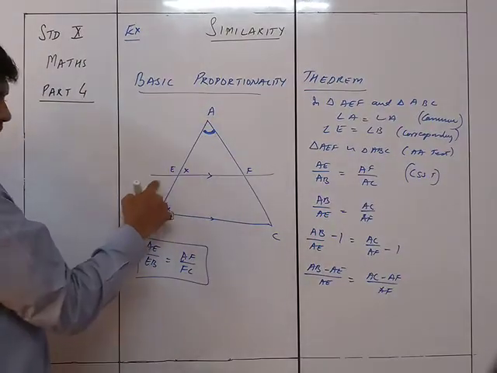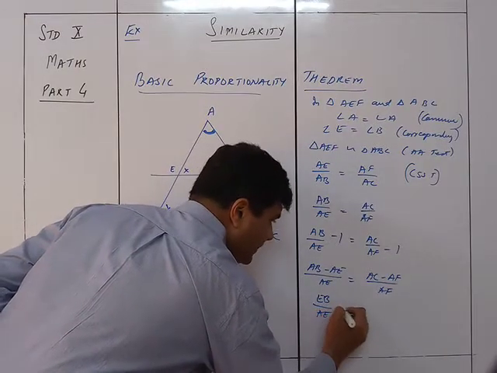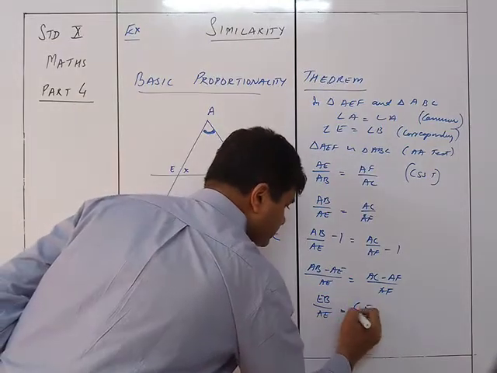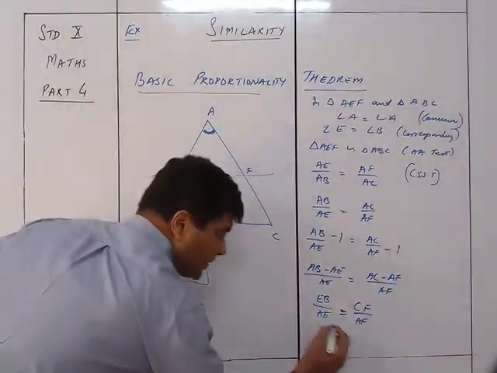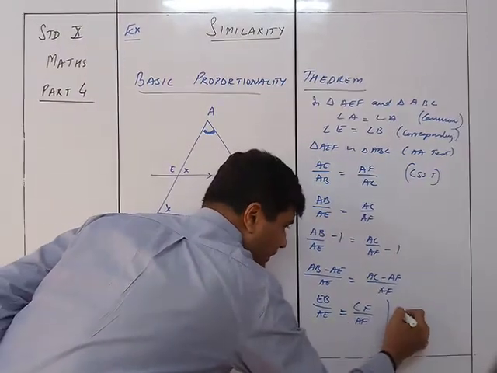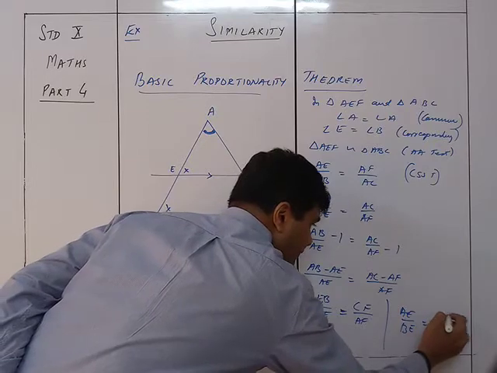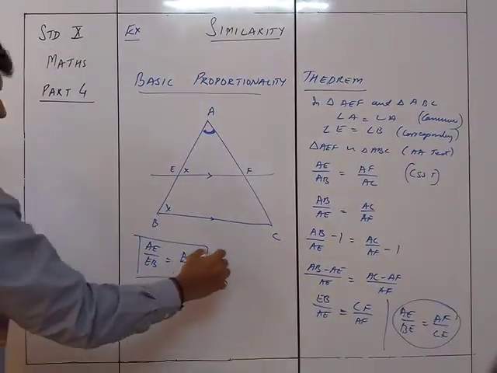It is equal to EB. So it will be EB upon AE equal to CF upon AF. So that is the theorem. Taking the reciprocal, AE upon BE is equal to AF upon CF. That is the basic proportionality theorem.